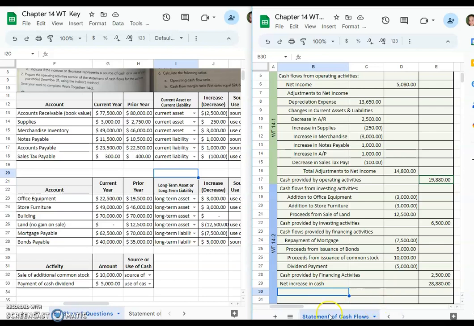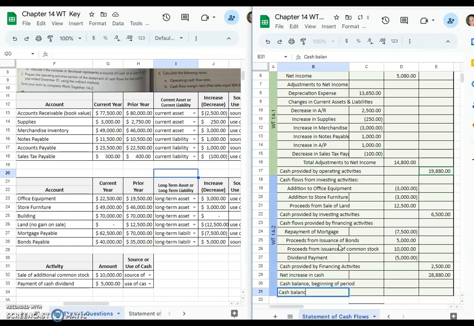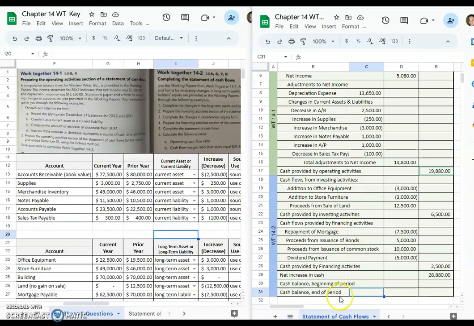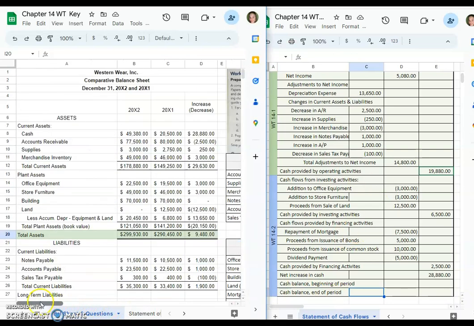So now we have to figure out if it ties out to our cash account for the year. So cash balance, beginning of period, and cash balance, end of period. To find that, we'll look back at our balance sheet. So cash balance at the beginning of the period looks like it was $20,500.